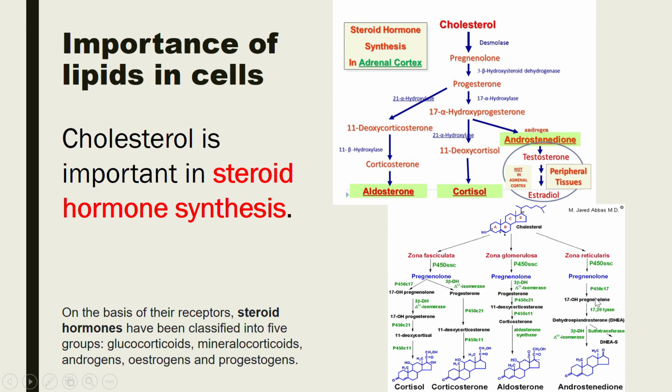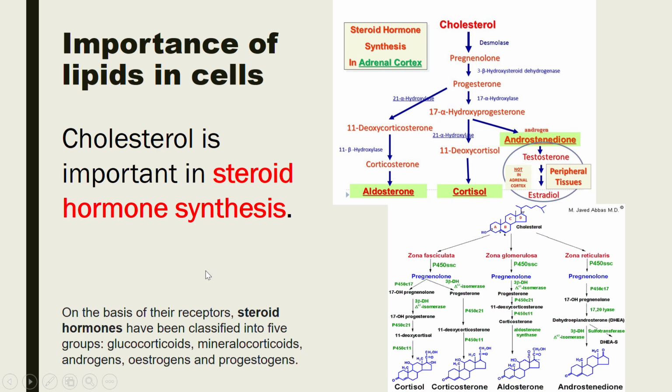Just look at the top one here, which concludes that cholesterol serves as the important precursor, or starting point, for the synthesis of these steroid hormones. So it starts with cholesterol.